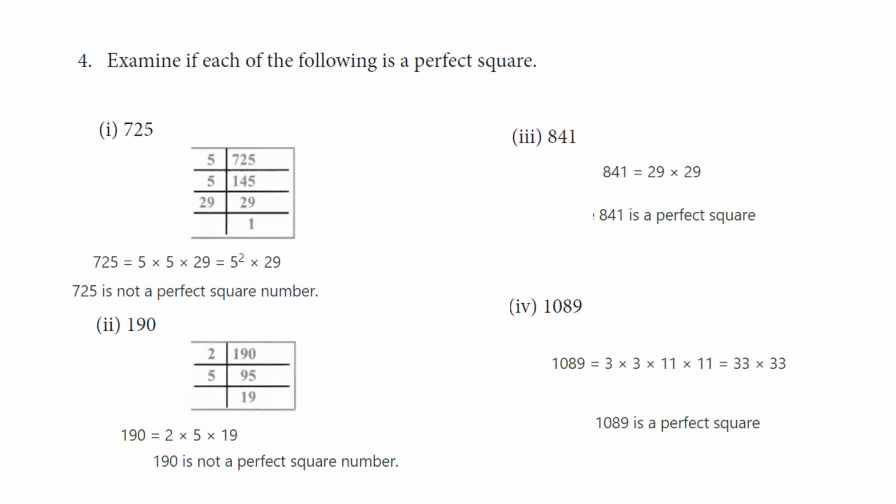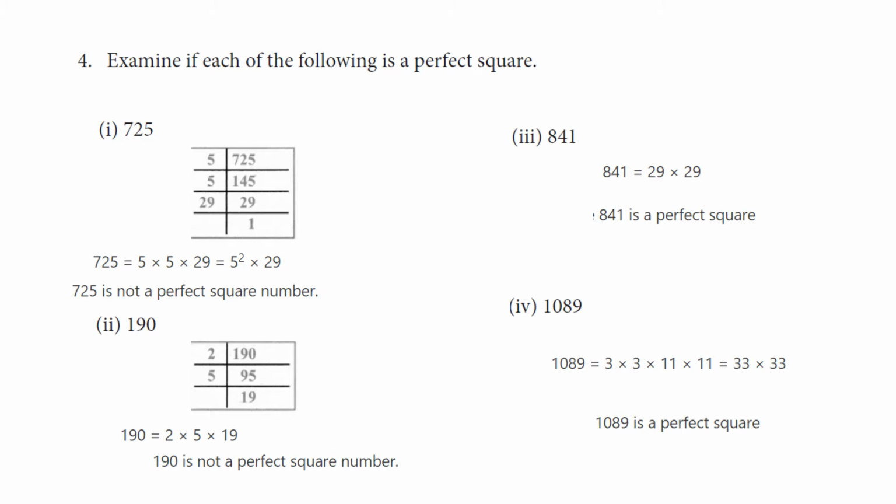Examine if each of the following is a perfect square. So, how will you find the perfect square? Perfect square means we need the pairs. So, first you do the prime factorization. 725 ends with 5, so we have to divide with 5. 5 into 7 one time, remainder 2, 22, 4 5s are 20, 25, 5 5s are 25. Again, it ends with 5, so you can divide by 5, 2 5s are 10, 9 5s are 45.